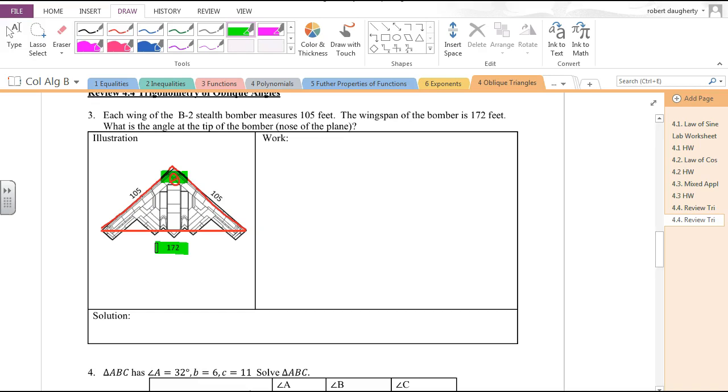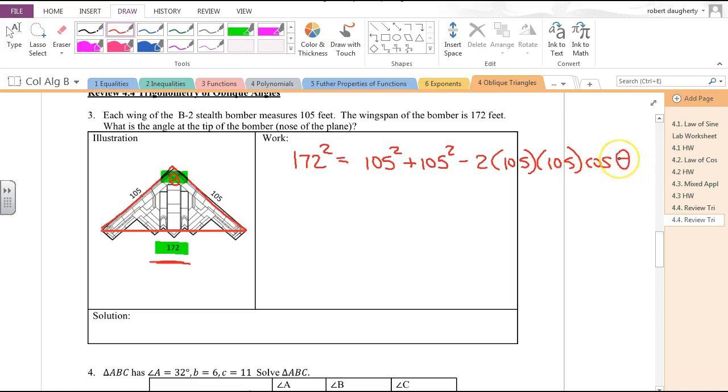So with the law of cosines, I'm going to start with this side. So 172 squared is equal to 105 squared plus 105 squared minus 2 times 105 times 105 times the cosine of that angle.